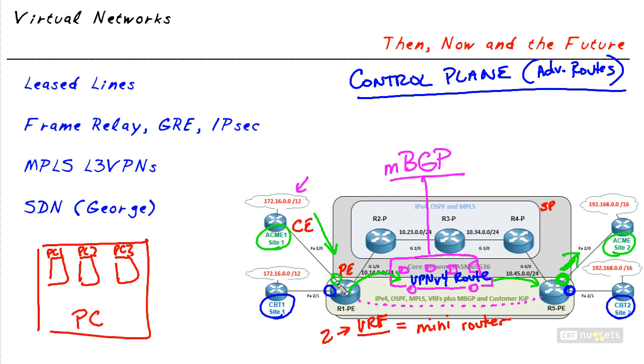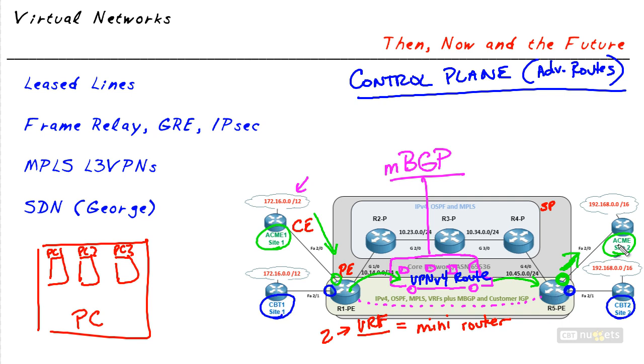We have the VRFs associated on each of the PEs to keep our customer routes separate and effectively private from the other general routes that might be in the routing table on R1 and on R5. And the reason that this VPN v4 route is considered to be a virtual private network route, the private part, is the fact that we are not going to advertise Acme's 172.16 network over to CBT Site 2 or CBT1 Site 2.